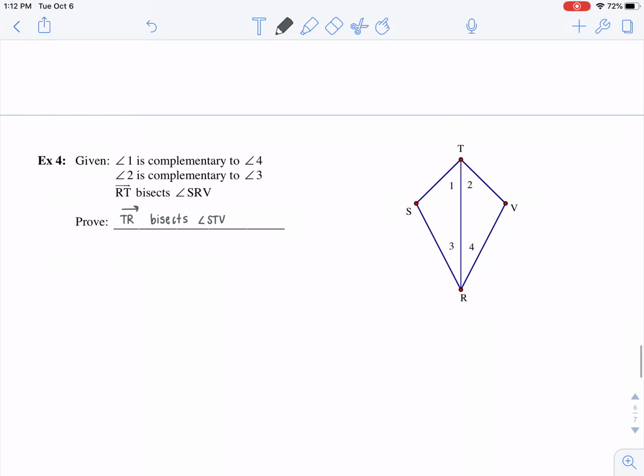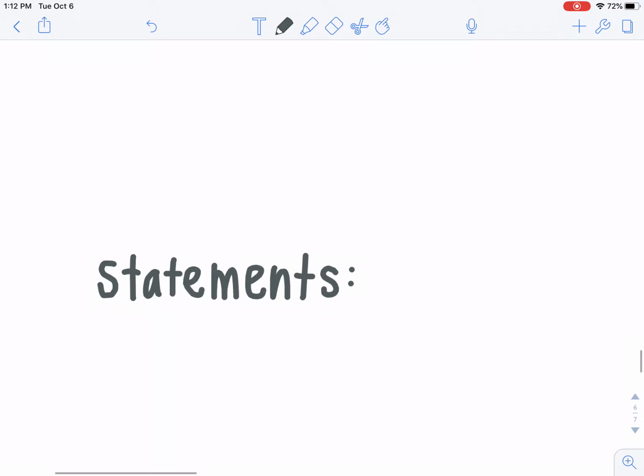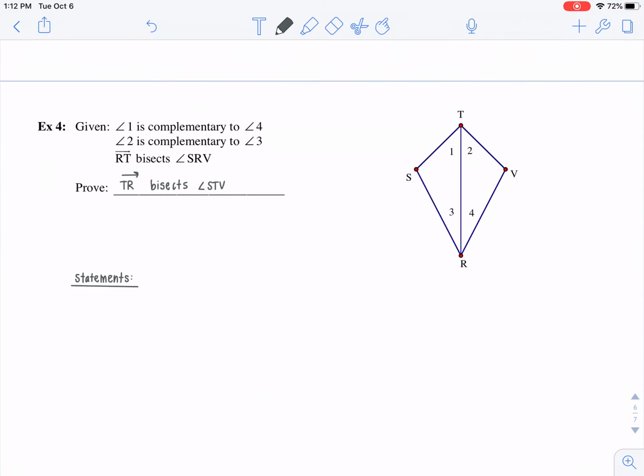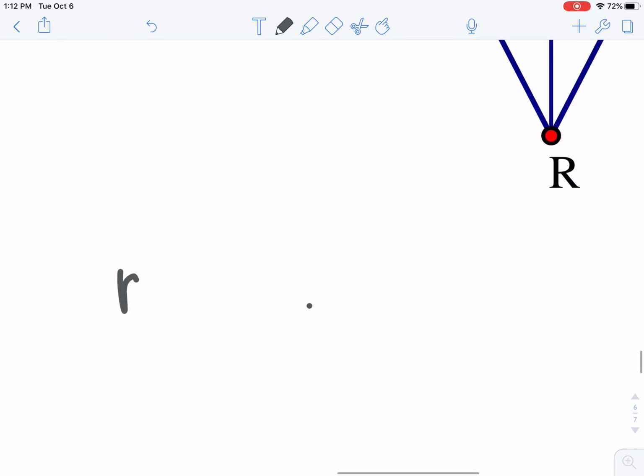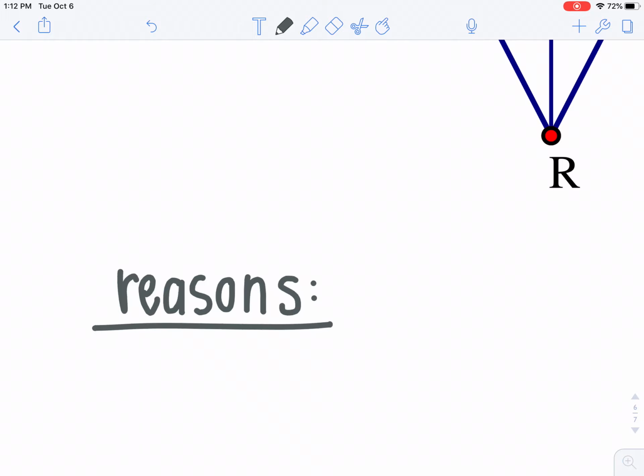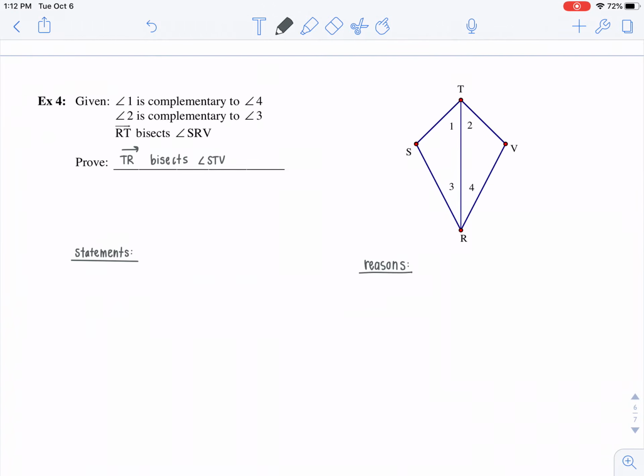And now, look, I took away the statements and the reasons. So what you're going to do is write your statements and then write your reasons. So at this point, try to complete this proof on your own, and then once you think you have it completed, go ahead and watch the video I've created for example 4 found below this link on our Canvas page.